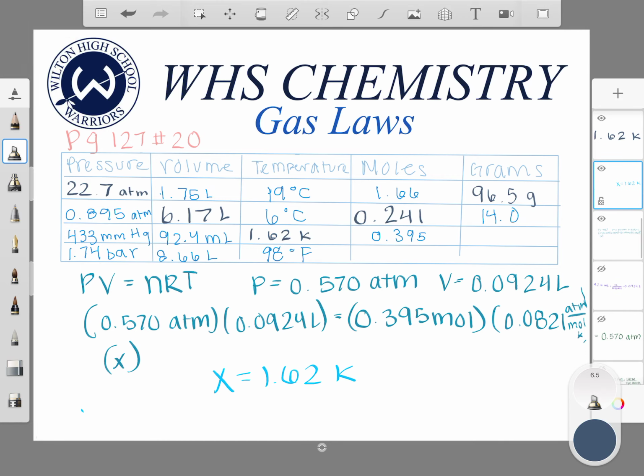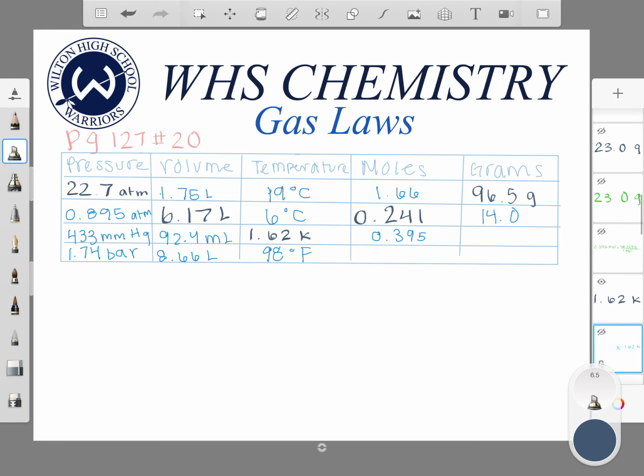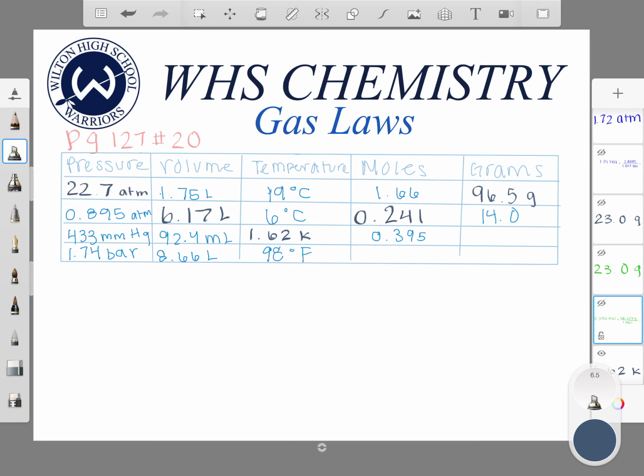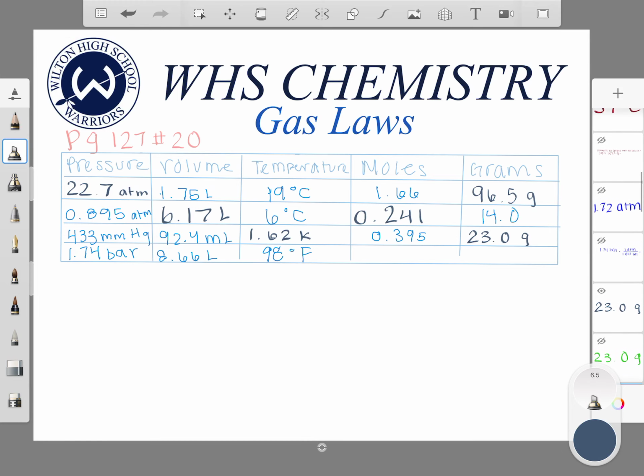So we're going to put that right there into our table. Okay, and next we're going to find the grams because that's the next thing in this row to do. So just do some simple dimensional analysis, and we get 23 grams. So it's pretty self-explanatory, and I'm just going to fill that into the table.